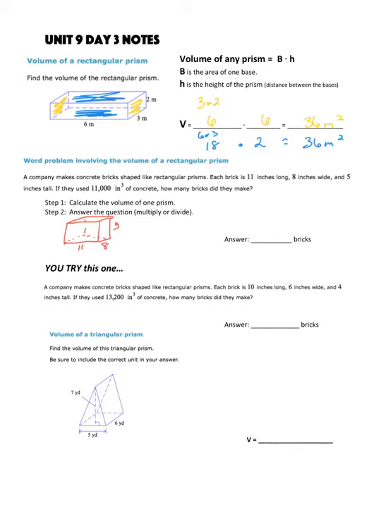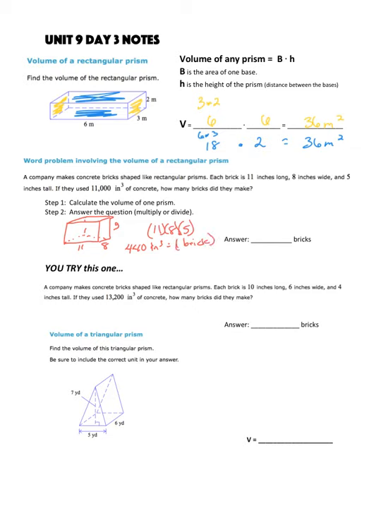I'm actually just going to multiply all 3 together, aren't I? All right, let's do 11 times 8 times 5. That gives me 440 inches cubed for one brick.